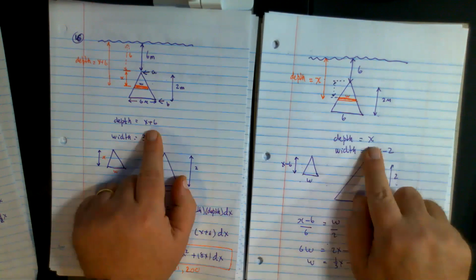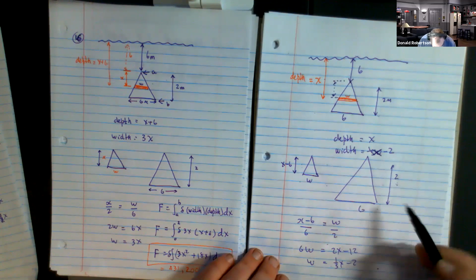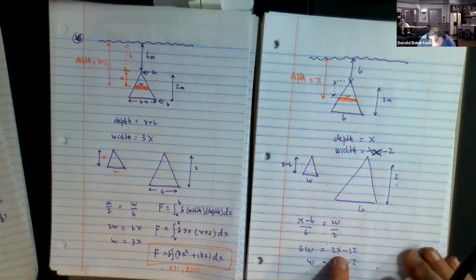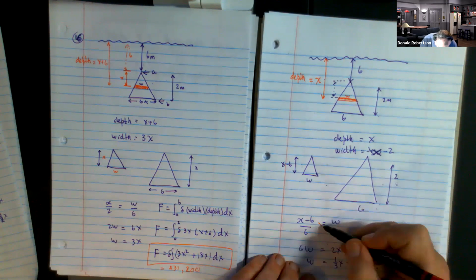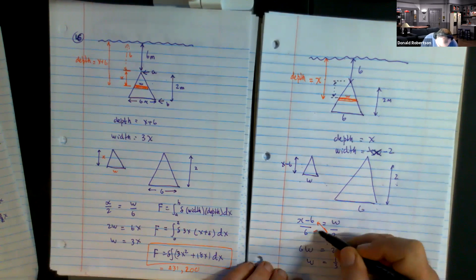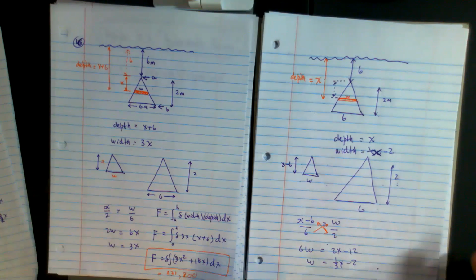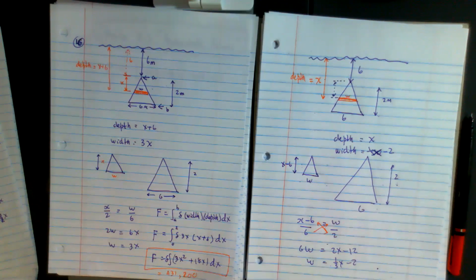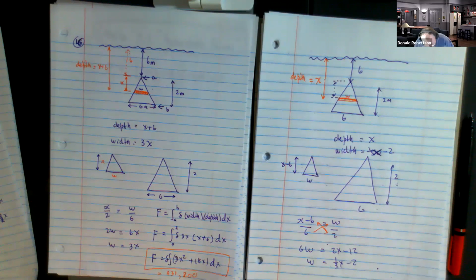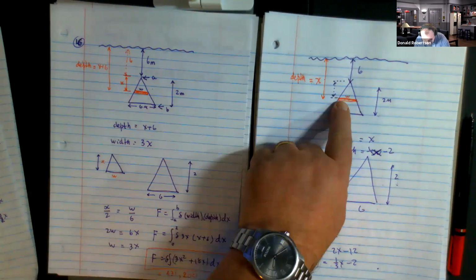Wouldn't the x minus 6 be over 2? Well, when you cross multiply, it'd be 2 times the number. When we're comparing the similar triangles, isn't the x minus 6 like the height of the smaller one? No, the height of the smaller one's the difference from the top to the bottom.